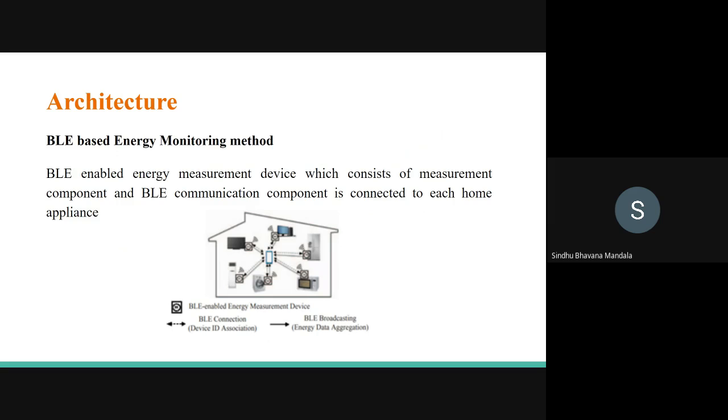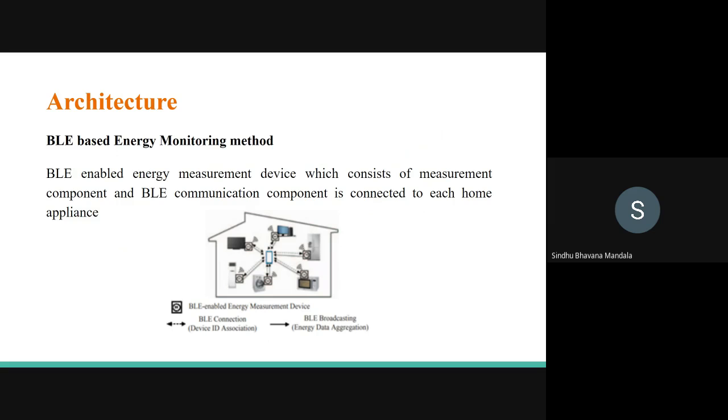Coming to Bluetooth Low Energy in home automation, here in the architecture, we have two parts. One is the Bluetooth based energy monitoring method, and the other is the Bluetooth enabled energy measurement device. Coming to the monitoring method, the Bluetooth low energy based system has two components. One is the communication component, and the other is the measurement component.